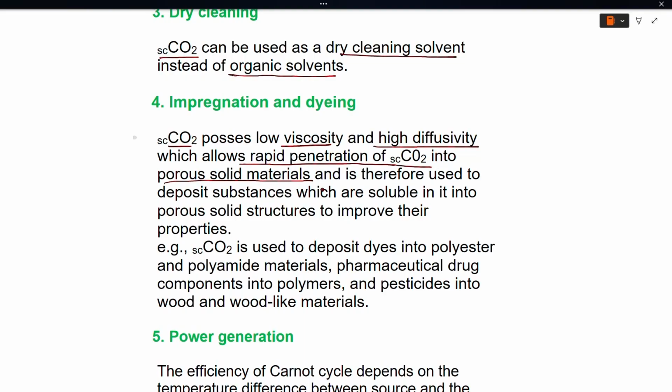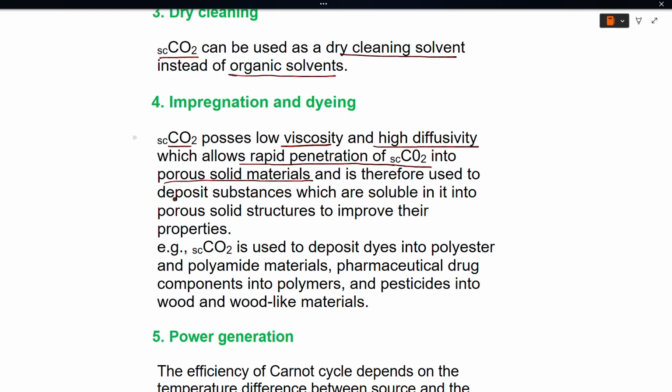It diffuses into the pores and you can deposit the substance in the pores, and when you depressurize, the carbon dioxide comes out as gas, and the substance we dissolved and passed into the pores remains there. Such things are done to enhance the properties of certain solids. Okay.